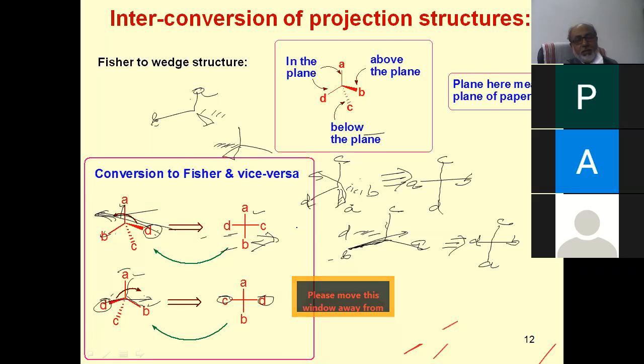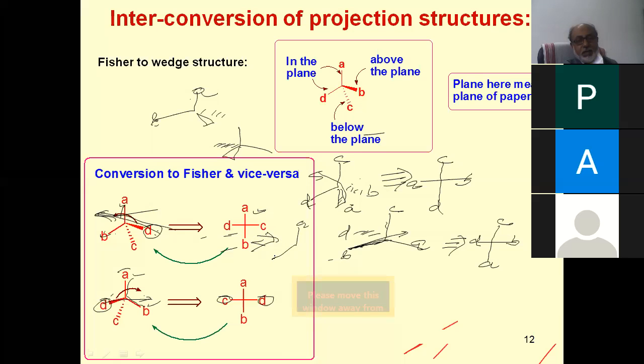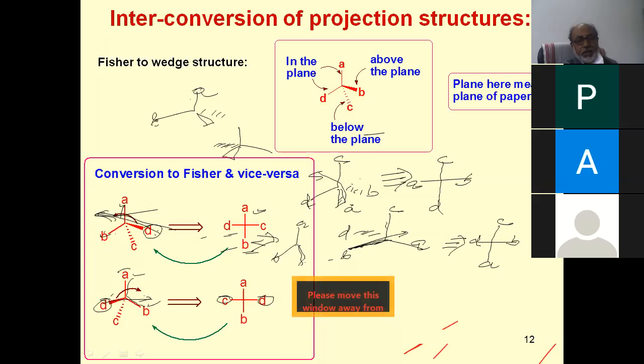This A and C will be this A and B. This is A, this will be B, below the plane. Another group is above the plane. Which one will come above the plane? Because this is on the left hand side, this D will come here. And this D will be here.